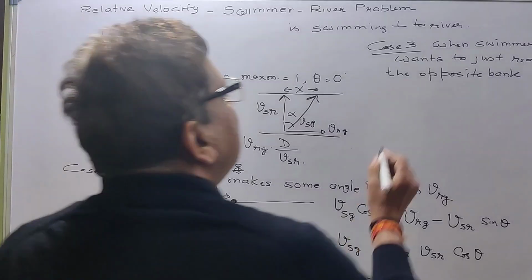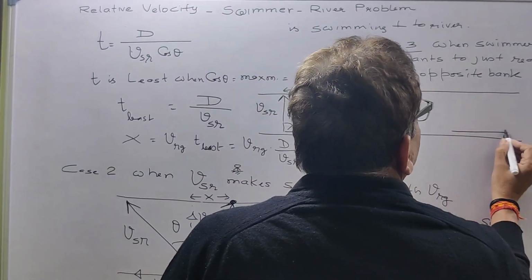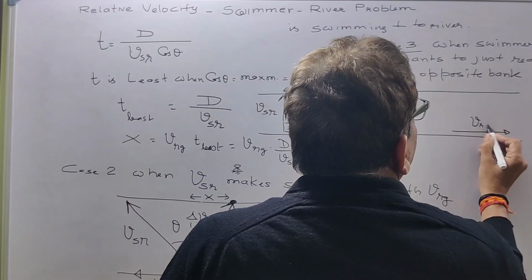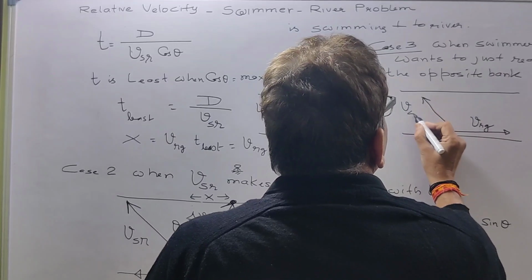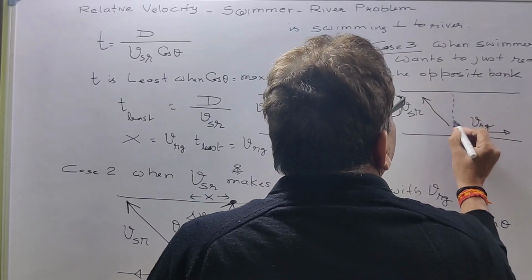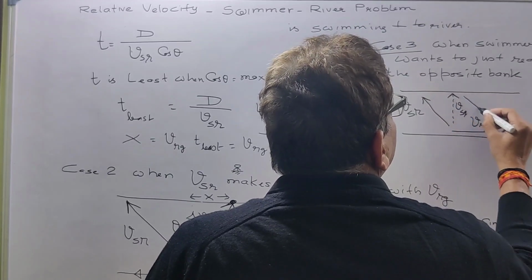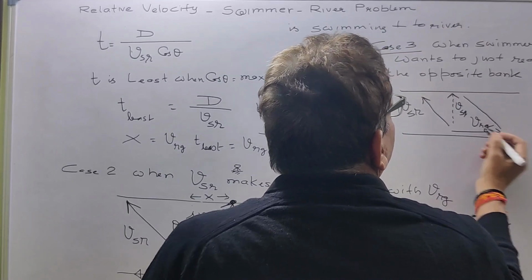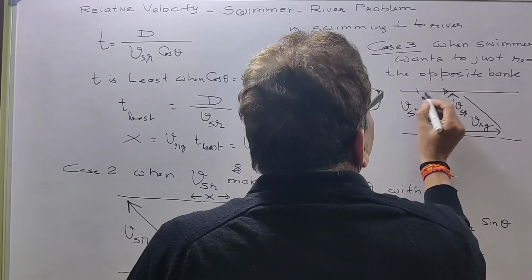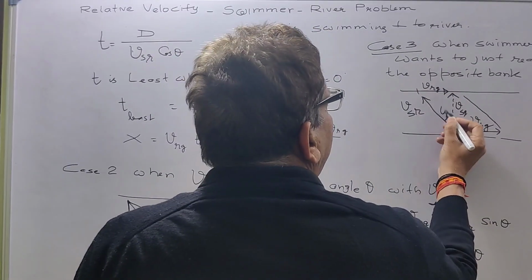Then only, in that situation I can say this will be the vector diagram, VR river flow, and this will be direction of swimmer with respect to river. This will be the VSG. I can draw the parallelogram now. This will be the parallelogram, this will be VRG, right? And let us say this angle is theta.